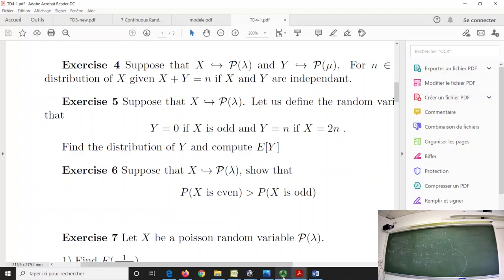I take the definition of being a Poisson, and I want the probability that X is equal to 2k. I just replace k by 2k in my expression. And I do the same for the other one.